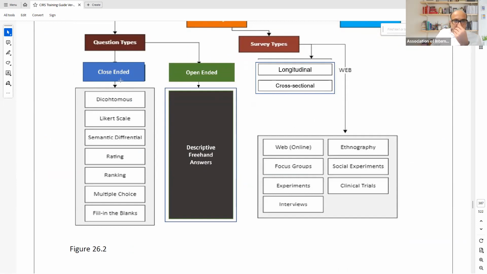So in survey questions, there is close-ended and open-ended questions. Open-ended are the ones that are descriptive. As I told you, we are going to be paying a lot of attention to close-ended questions, like what could be the different formats in which you're going to design your questionnaire. Now, when you're doing this, you have to know that because it is all planned, it's not like it's randomly done, whatever comes in your mind, you're just going to create a question.